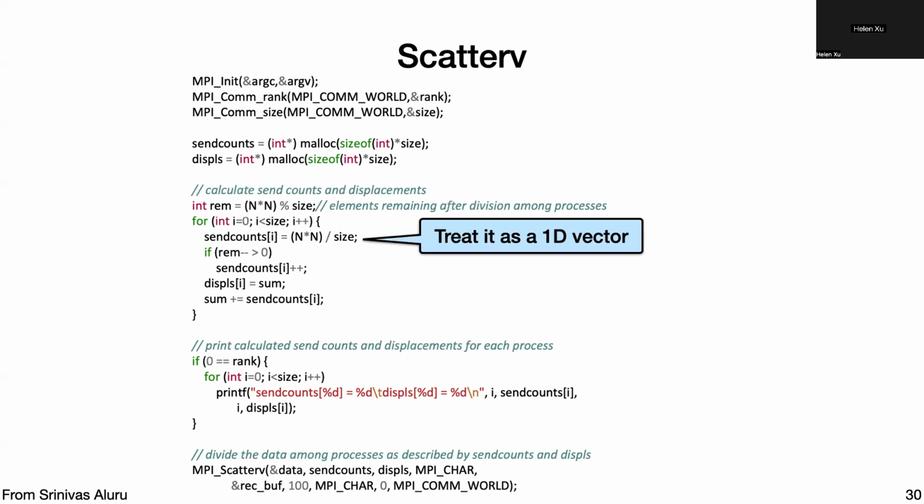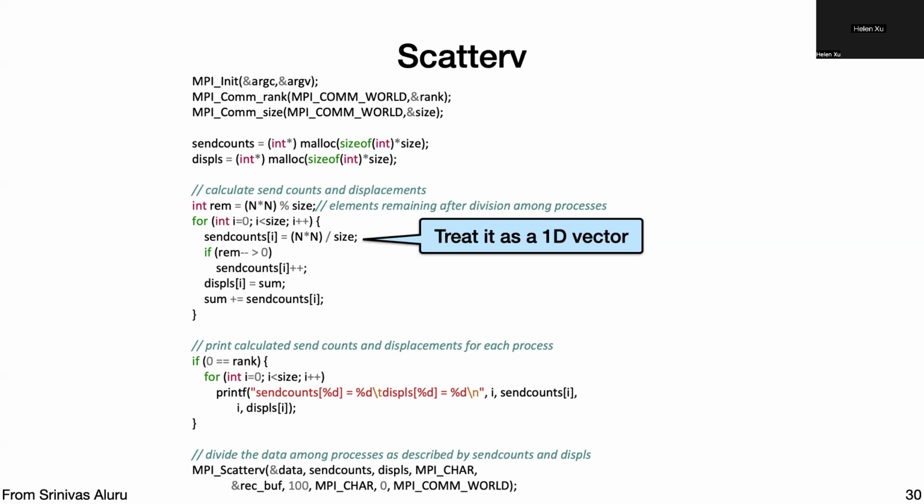And then the remainder, if n changes from 4, then the remainder may become something that is not 0. So basically this is trying to distribute the characters as evenly as possible across the different processes.